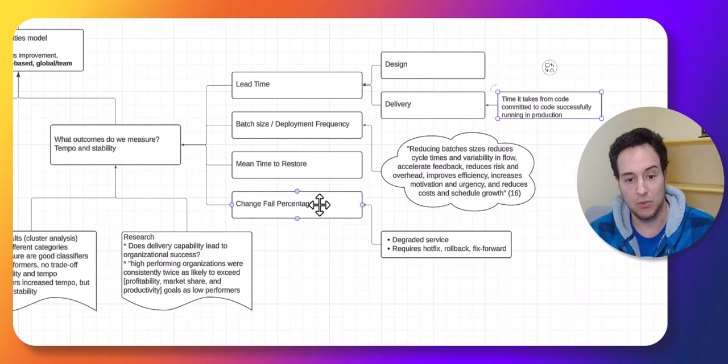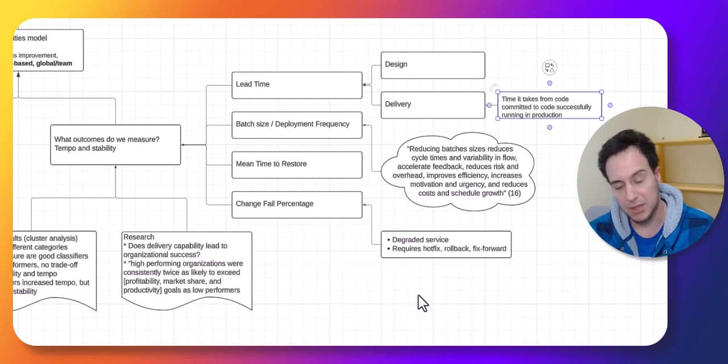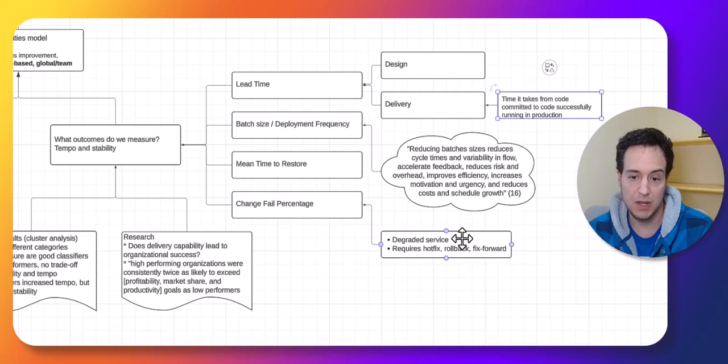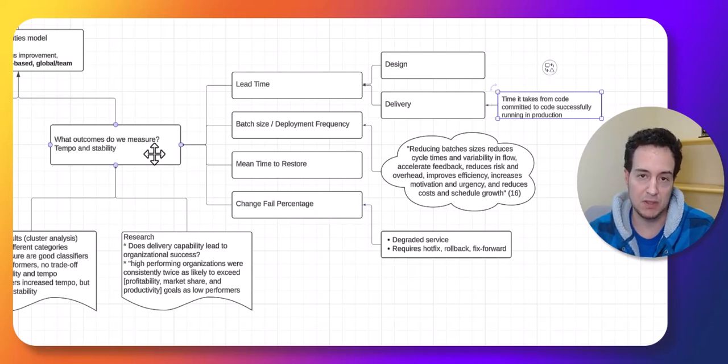And then the fourth one is the change failure percentage, which can also be a little bit fuzzy, but they define it as something that results in degraded service, especially things that require a hot fix, a rollback, or a fix forward. Notice the first two, lead time and deployment frequency, measure the delivery tempo, and mean time to restore and change failure rate are measures of release stability.